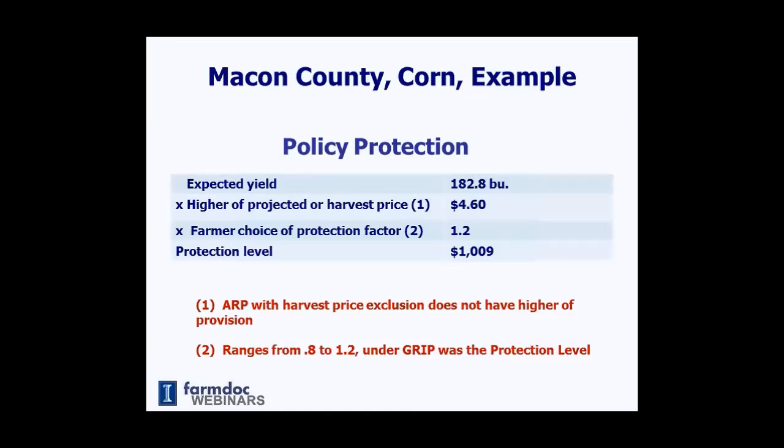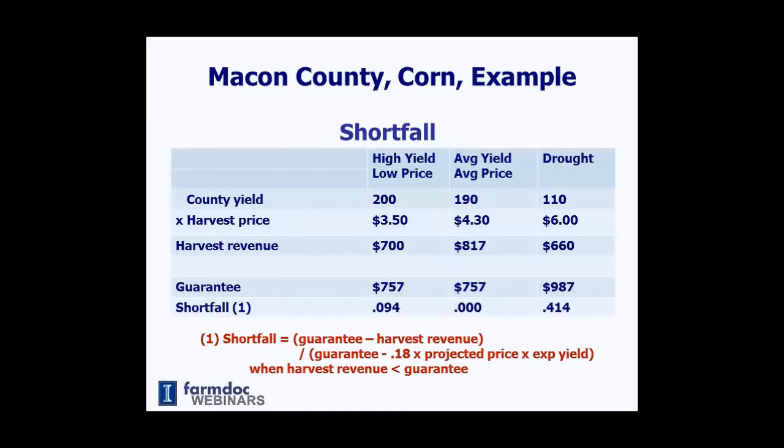The other factor that farmers will have to choose is the protection factor. And this again differs from the protection level last year. Here we have the farmer choosing a protection factor of 1.2, giving us a protection level of 1,009.